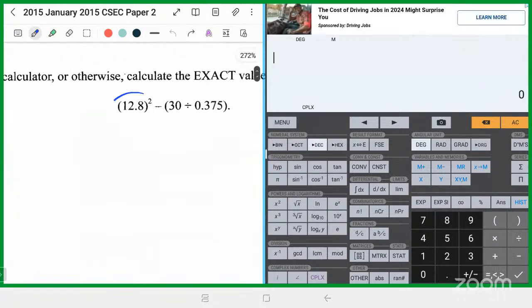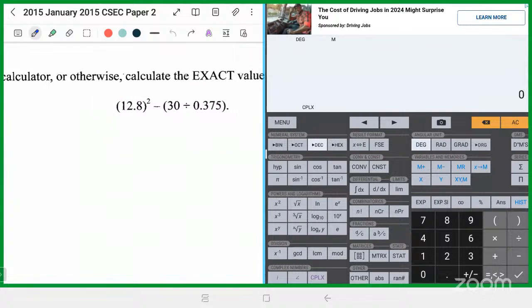I put this in the calculator exactly as it appears here: 12.8 squared minus bracket 30 divided by 0.375 close bracket.